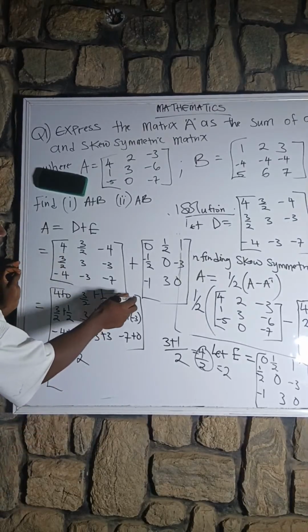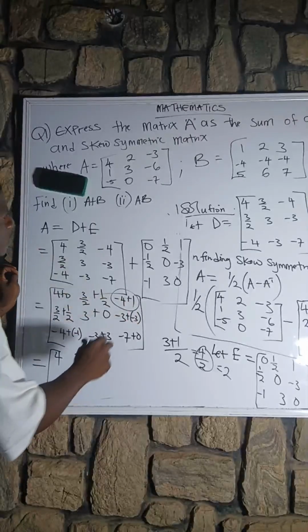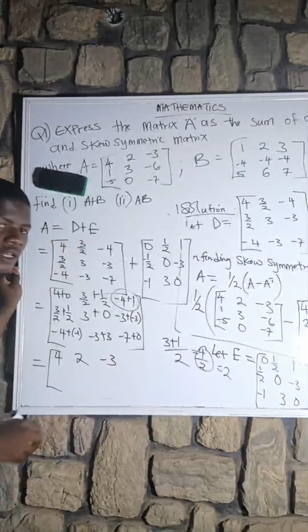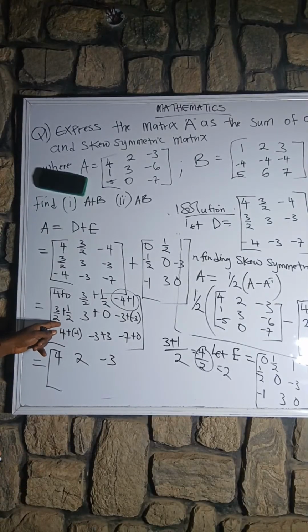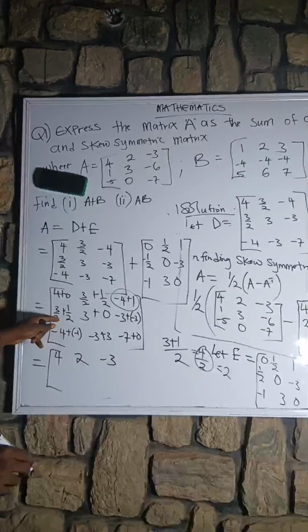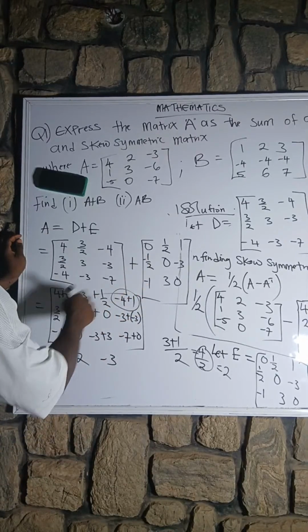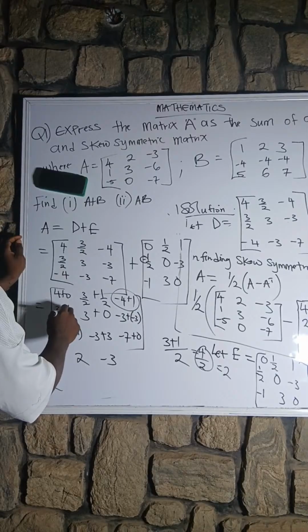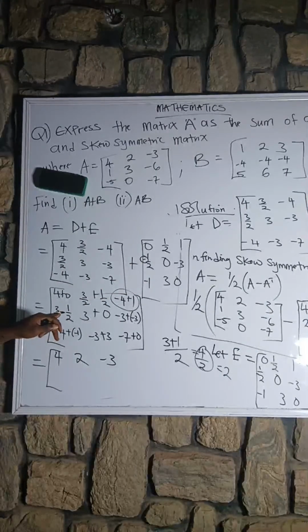And then moving to the next one, minus 4 plus 1 will give us minus 3. Oh, sorry. Here is supposed to be minus because of this minus sign. Also, the minus sign that is here is affecting it.